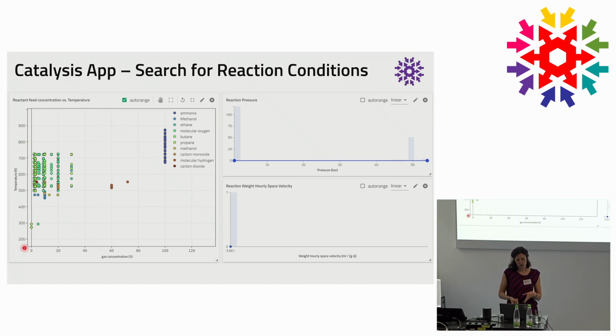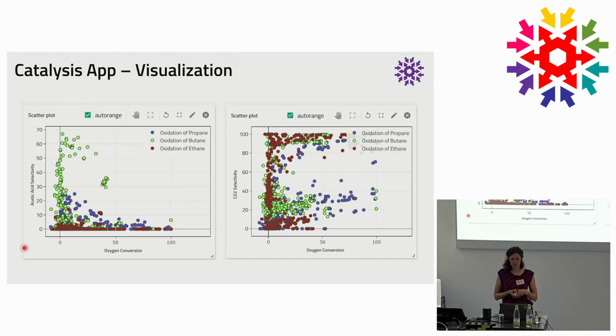And you can use these plots at the same time to get an overview and also to zoom in and filter down the entries you are interested in. And then you get really also to the core of the catalytic information, which are conversion and selectivity values, and can go and analyze deeper the trends that you see.